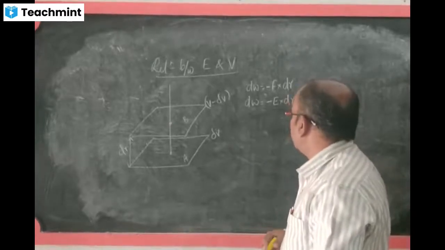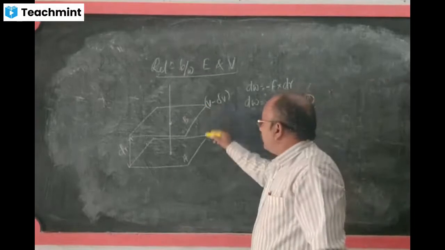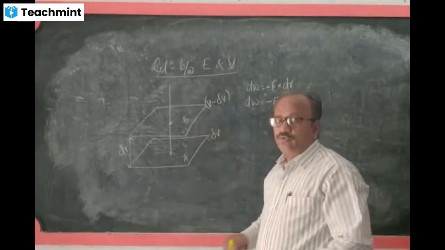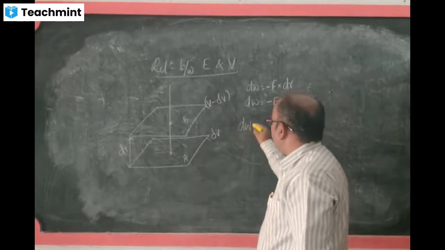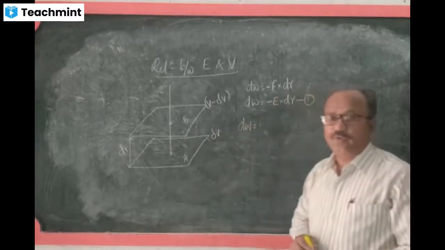Then the potential difference between these two points is also called the work done, dW.